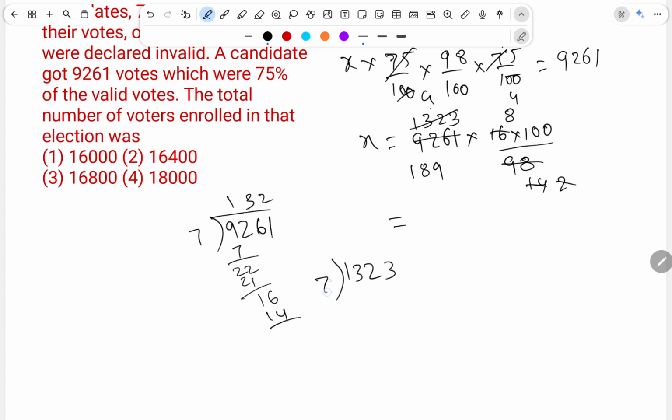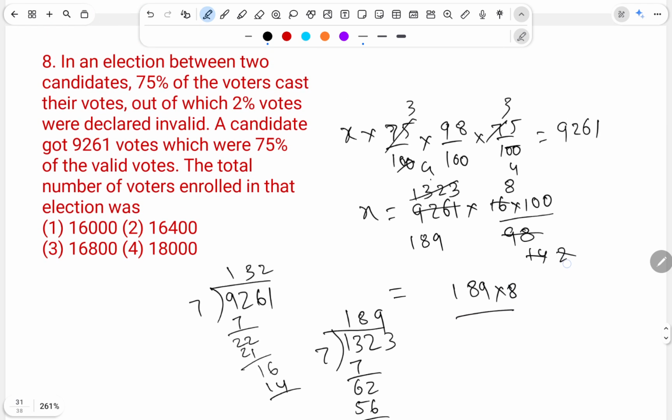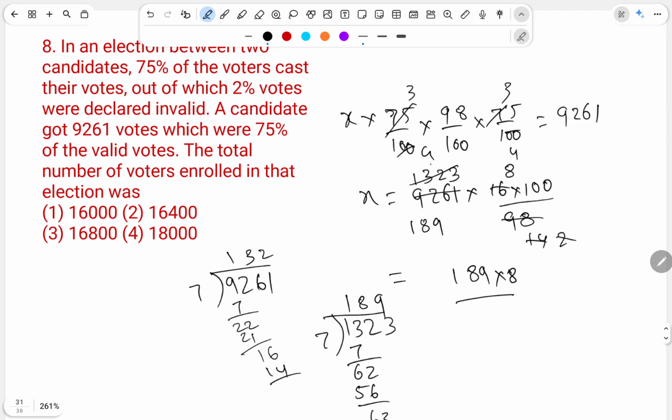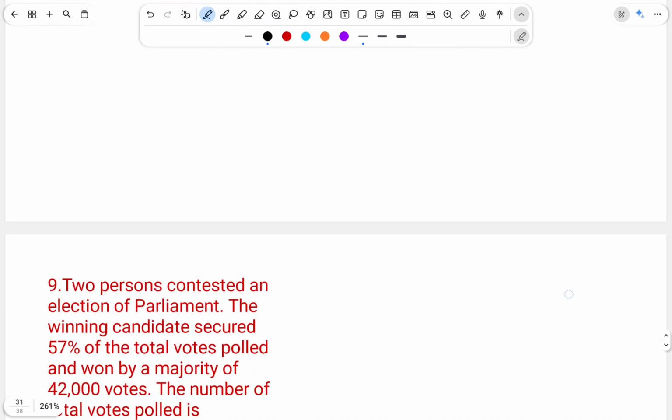Then 1 3 2 3 by 7. 7 ones, 7. 7 eights, 56. 7 nines, yeah, correct only. 189 into 8. Okay, we'll do this question again.